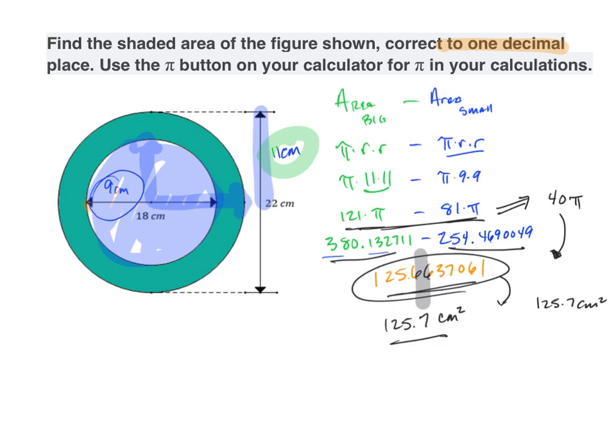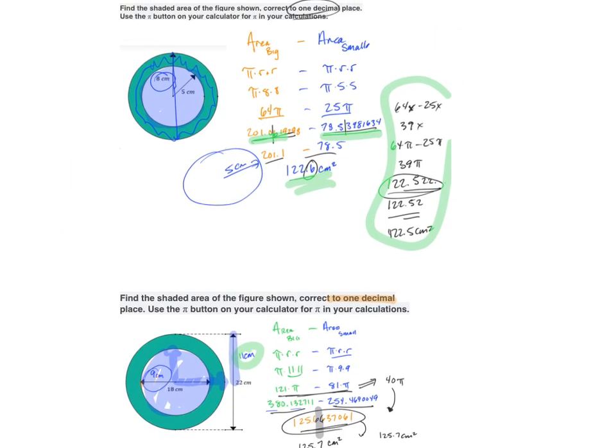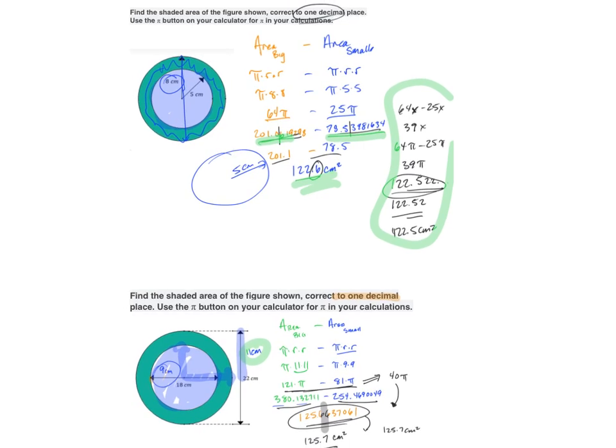Okay, so the difference between this one and the one we did here is on the first one we did, they gave us the radius. On the second one we did, they gave us the diameters.